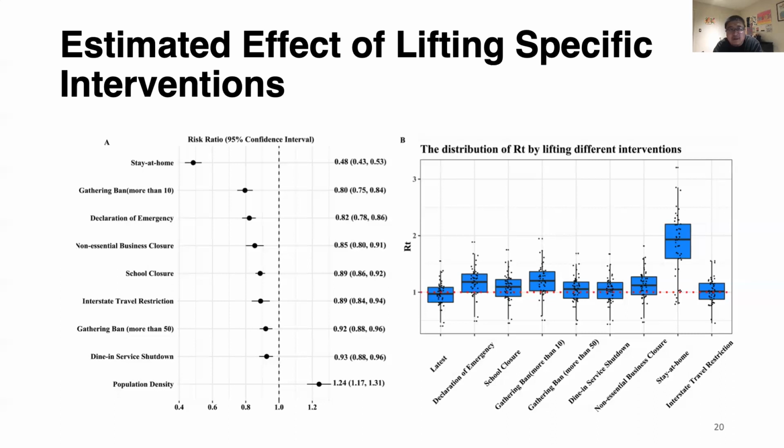Gathering ban with a larger group of people, like 50 people, has a minimum effect, which reduces the RT by like 6%, with 95% confidence interval 2 to 11%, among the 8 interventions.